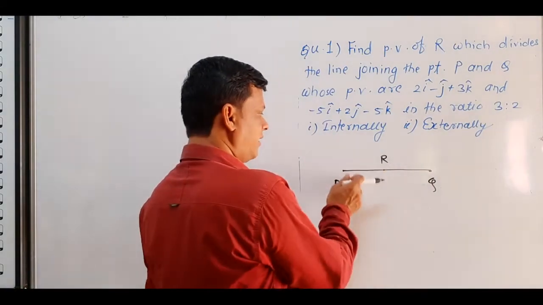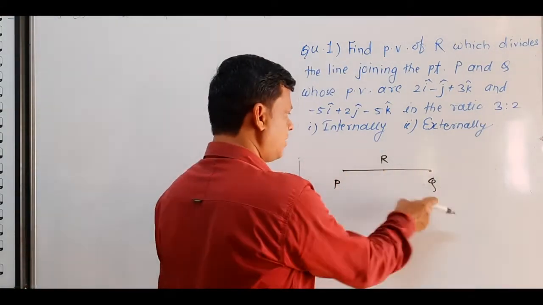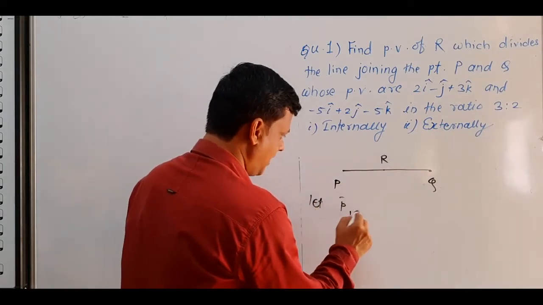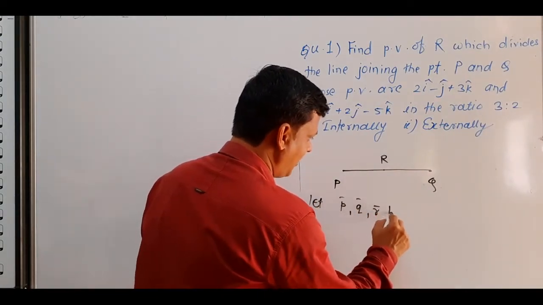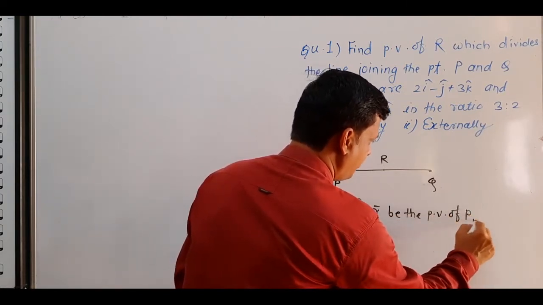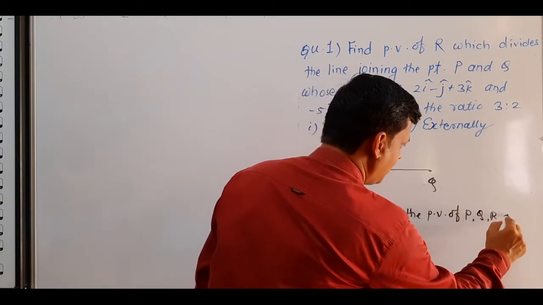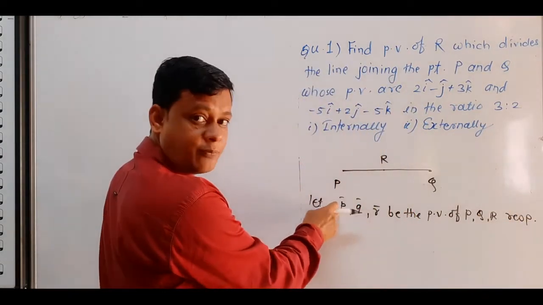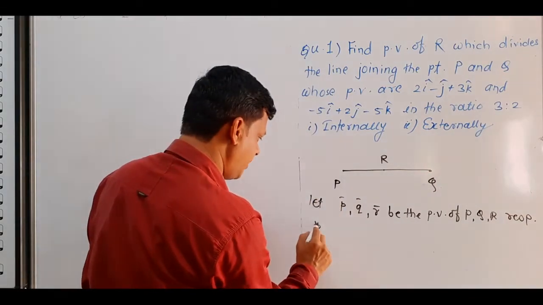So first we write position vectors of P, Q, R. Let P bar, Q bar, R bar be the position vectors of P, Q, R respectively.